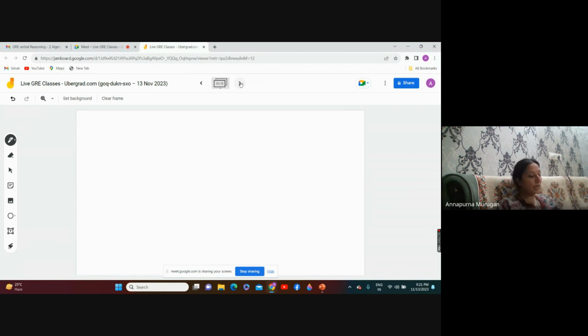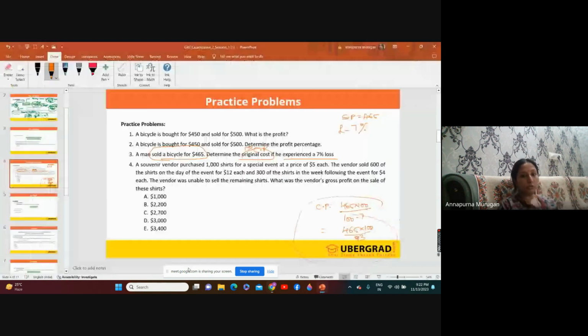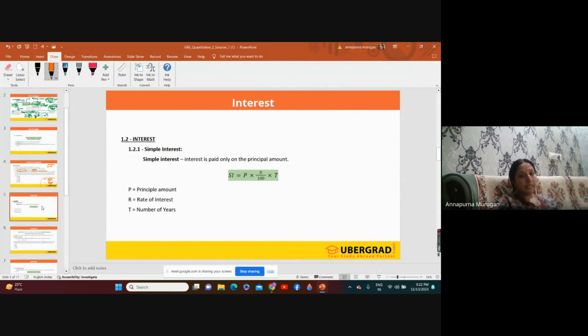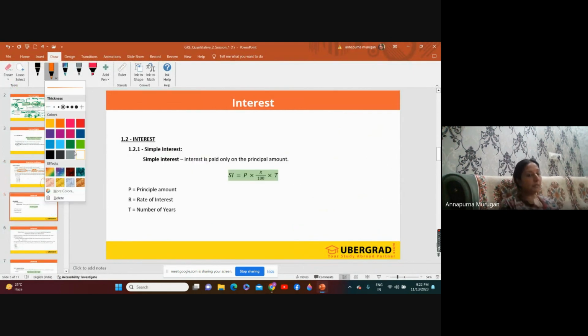When we talk about interest, you people would be knowing about it: some amount is given on the money that you borrow. This is our simple interest.